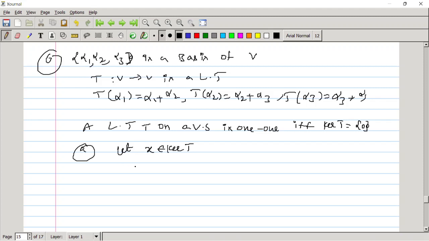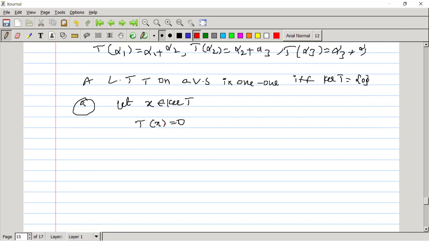So I have taken x belongs to kernel T, that means T of x equals 0. But given alpha 1, alpha 2, alpha 3 is a basis of V, so we can write x as a linear combination of alpha 1, alpha 2, alpha 3.